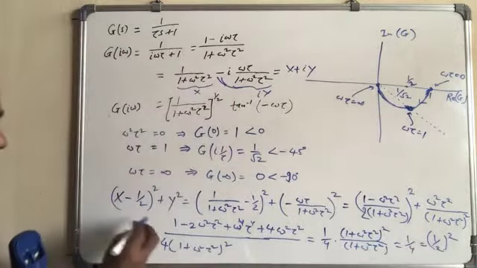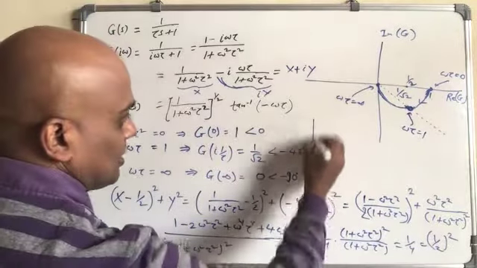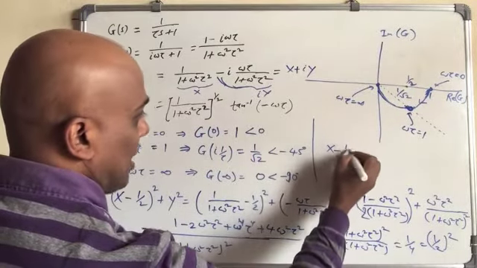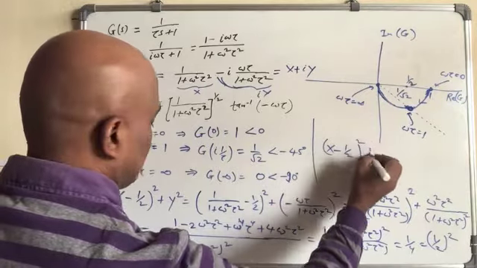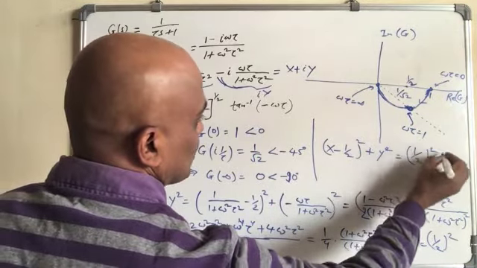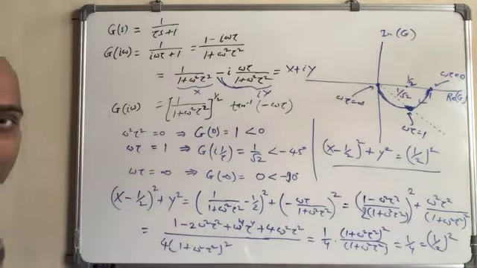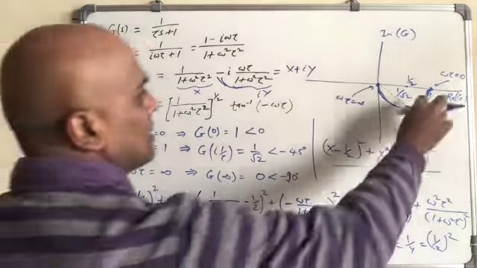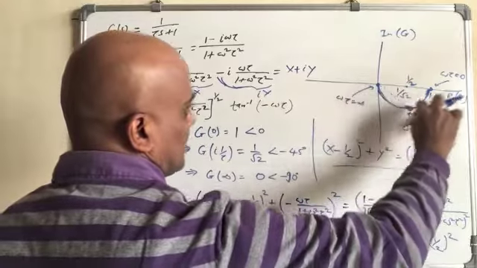So what you get is the equation x minus half square plus y square is equal to 1 over 2 square. So this is the equation of a circle, and hence that's what it is representing.